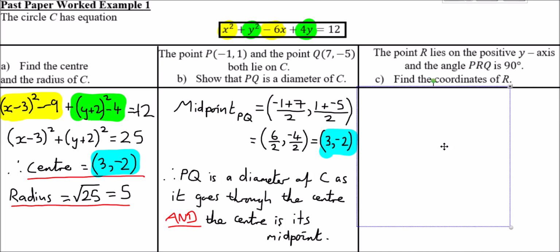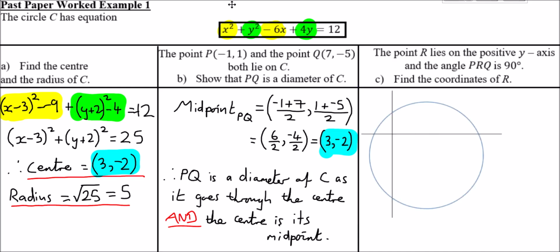So here's the circle sketched out. The centre is 3, minus 2, so let's sketch this out here. So that's 3, minus 2. It says we've got P on this circle, so P is minus 1 and 1, so maybe P is about here, say.